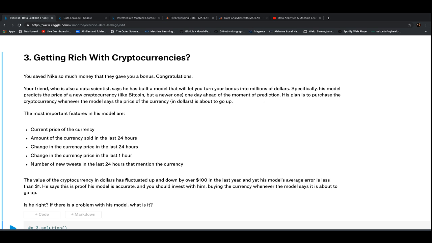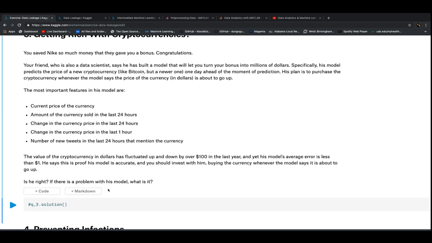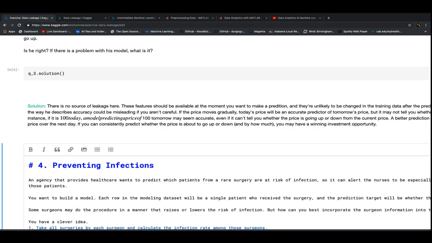The rest of them are still decent, in the last 24 hours or something, but the last 1 hour is the one where I believe his model is taking the most out of. All right, let's see. I'm still a little bit foggy on this one.